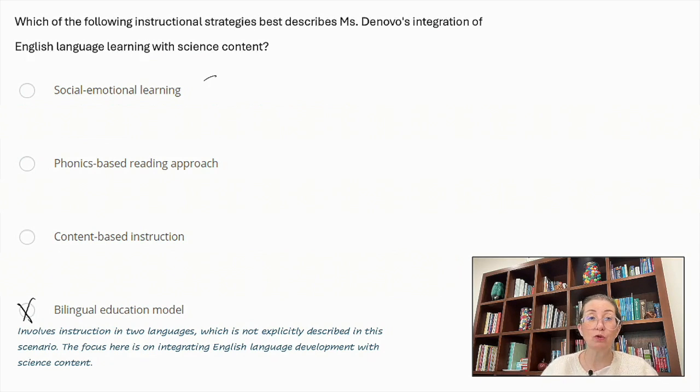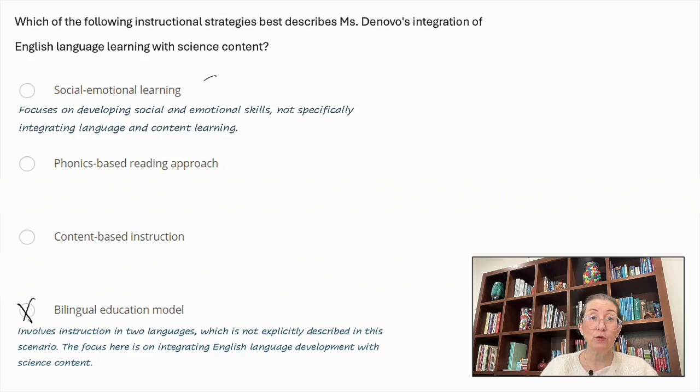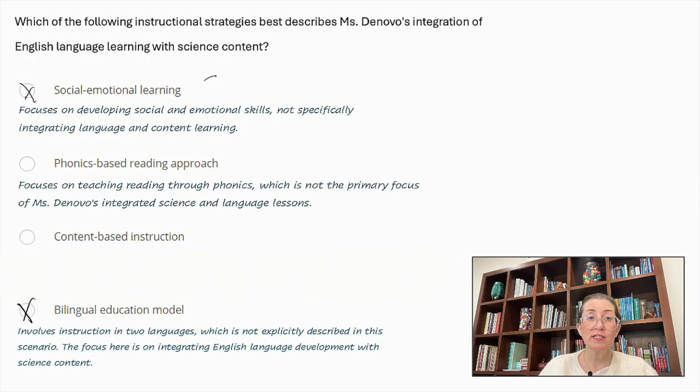Now to social emotional learning. This focuses on developing social and emotional skills, not specifically integrating language and content learning. So that is not correct. Phonics-based reading approach focuses on teaching reading through phonics, which is not the primary focus of Ms. DeNovo's integrated science and language lessons.